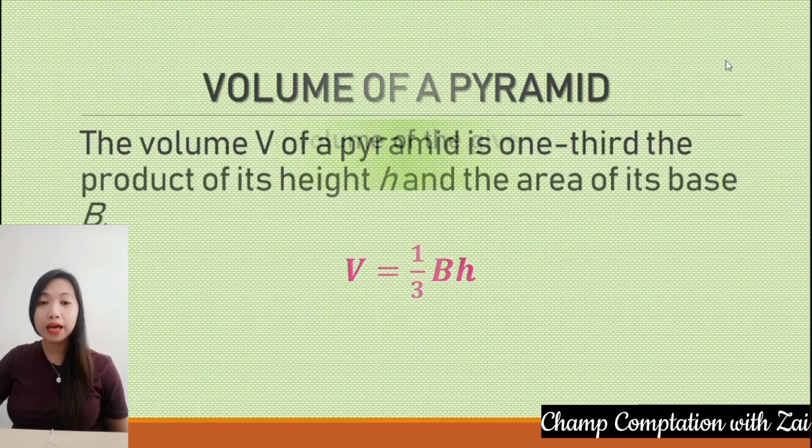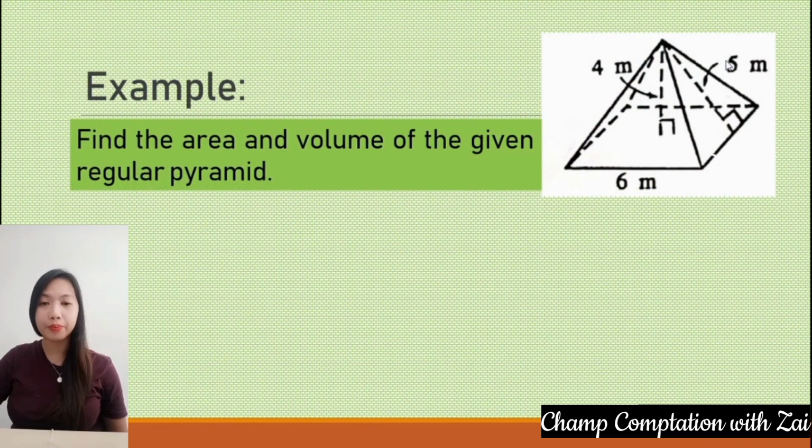To apply the area and volume of a pyramid, I have prepared an example for you to answer. Find the area and volume of a given regular pyramid. You can see the figure.